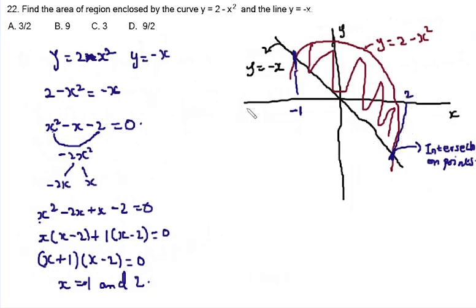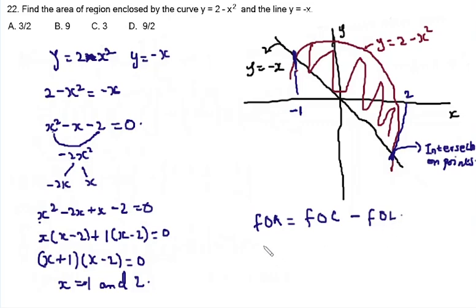Okay, so how do we now find the area? To find the area, we need to subtract this function from this function. Let's call the function of area f of A. F of A is equal to function of curve, FOC, minus function of straight line, let's call it FOL.